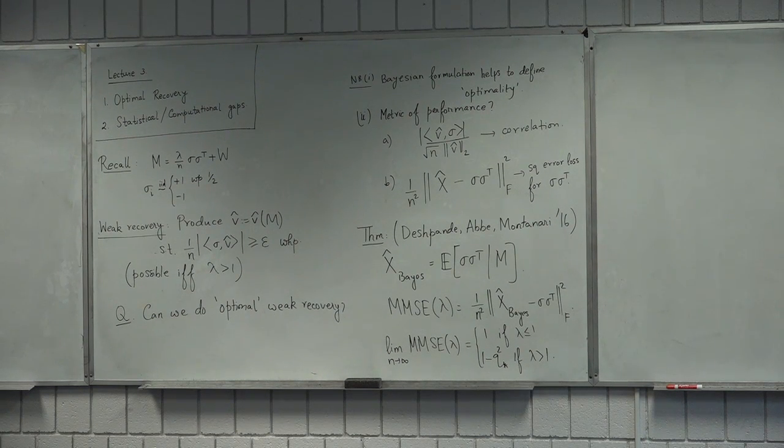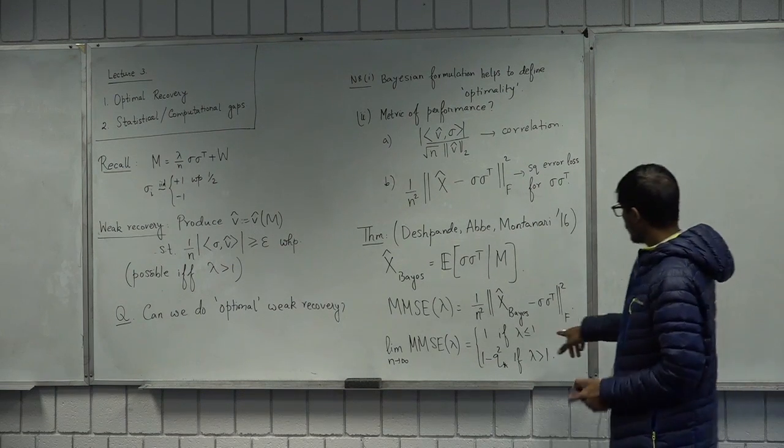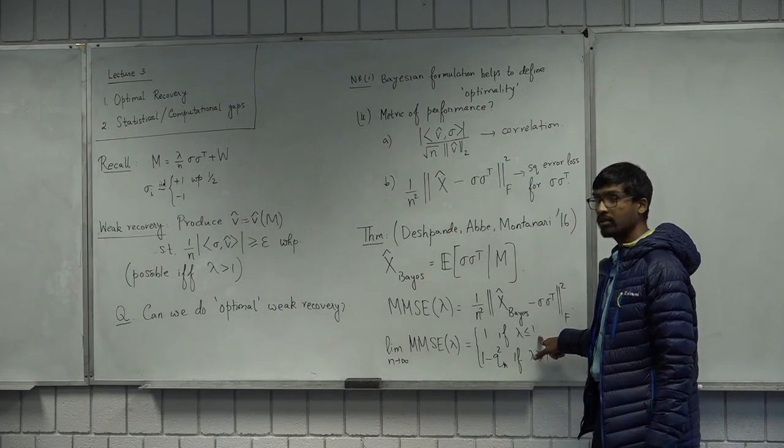Okay, any question so far on what we are trying to do? Yeah? So the first two questions, detection and recovery, were yes or no questions in some sense, right? But here there is a metric. This limiting MMSE is either 1 or some number smaller than 1. How should I think of this metric? Essentially it's saying that below the information theoretic threshold, it's pretty bad.